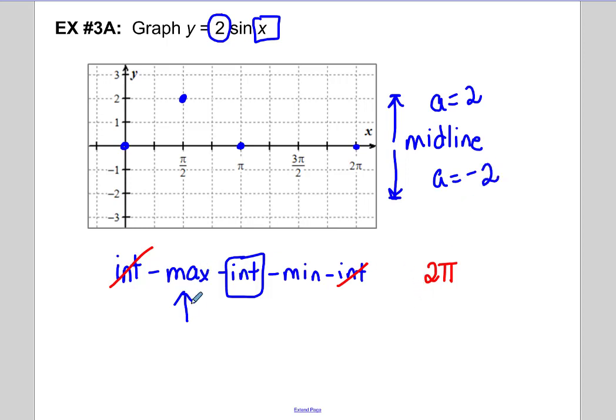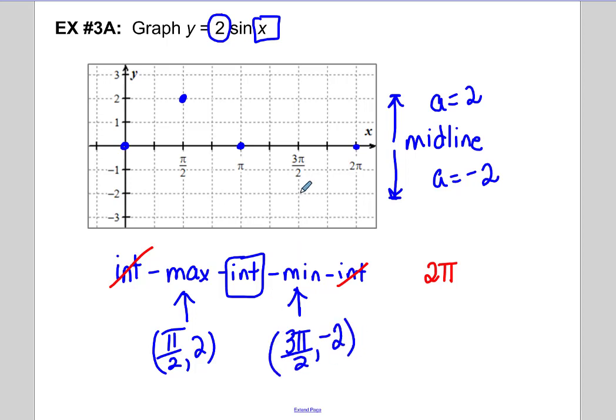So this point is at (pi over 2, 2). And then to do the minimum, we have to stretch that one down. So at 3 pi over 2, the minimum would be at -2. But when we talk about the amplitude, we say the amplitude is 2.